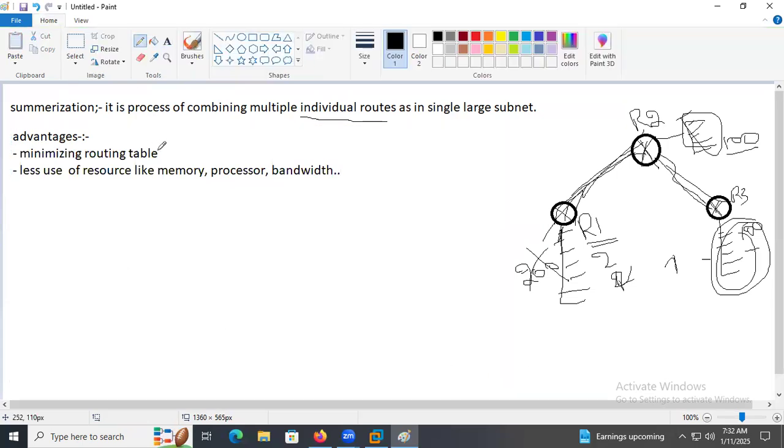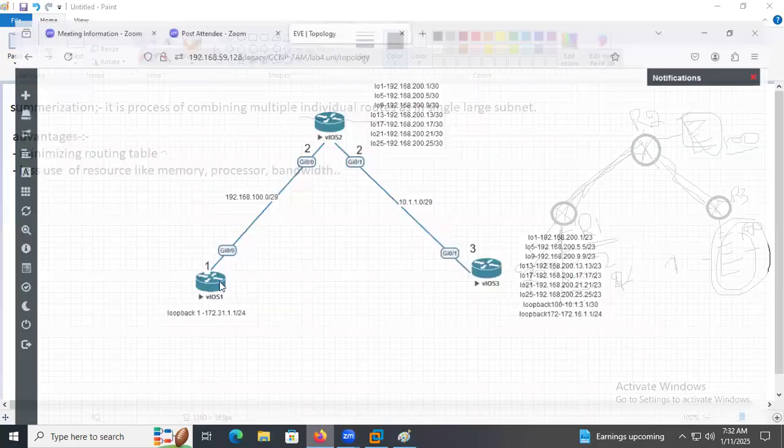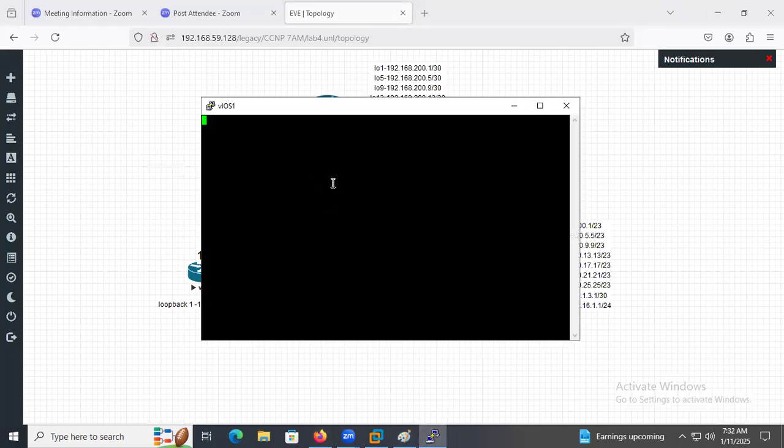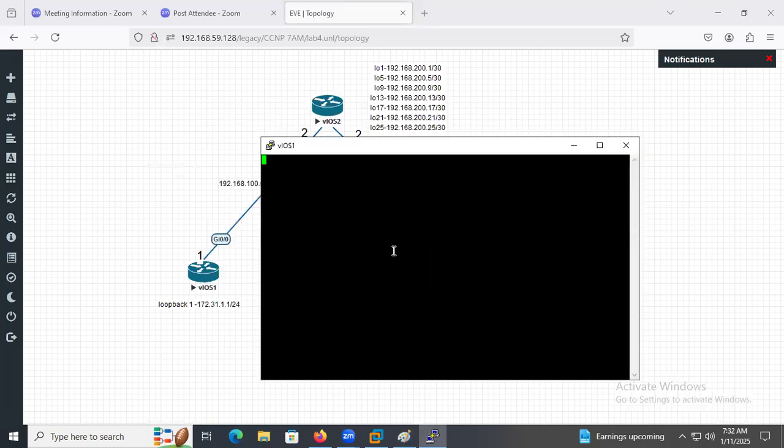That is the best thing to reduce the routing table. Because in router 1, if I give the command show IP route, all the router 2 and router 3 networks will be there.